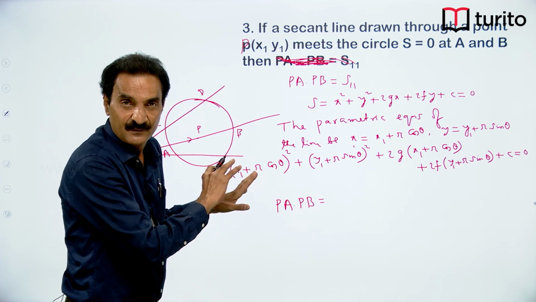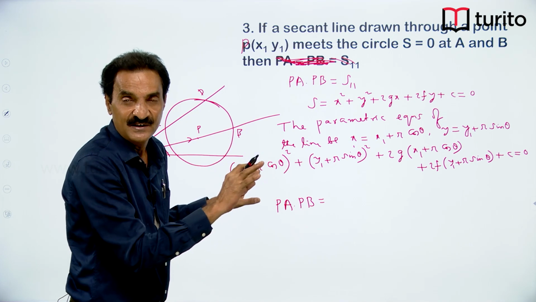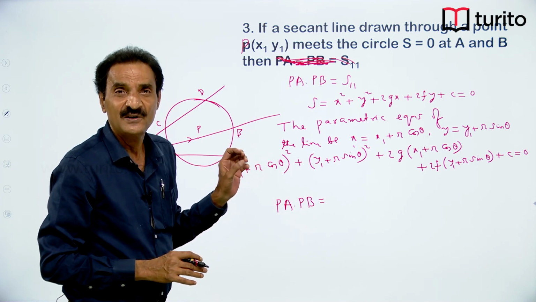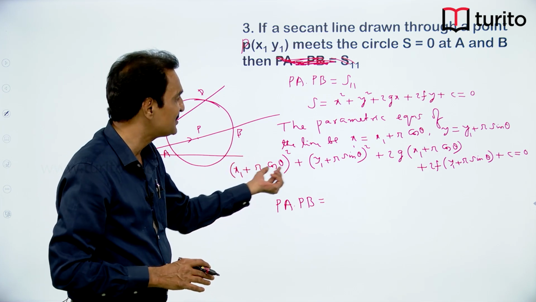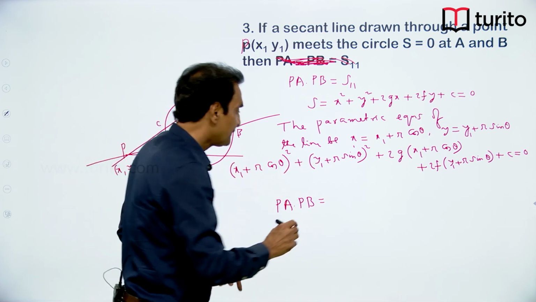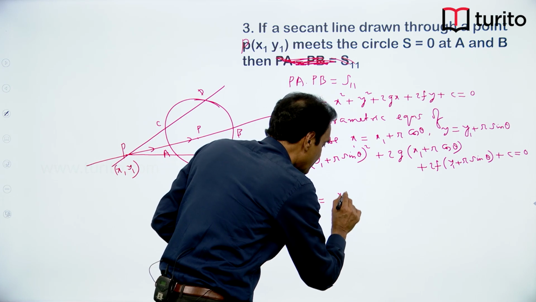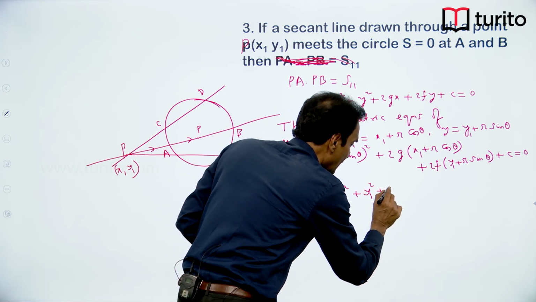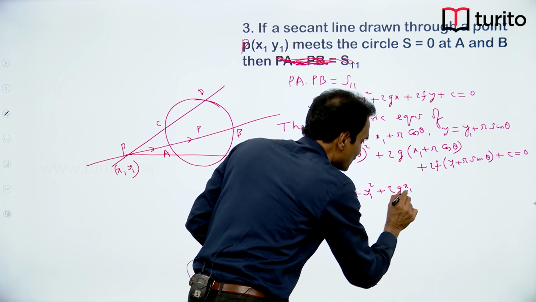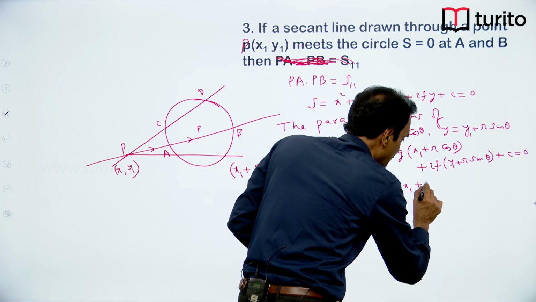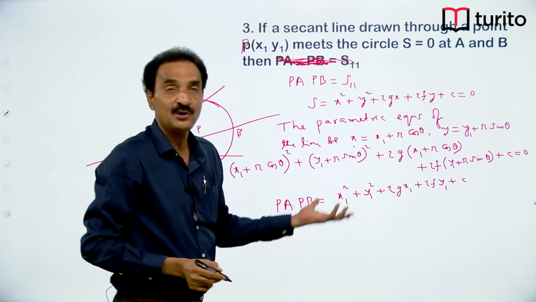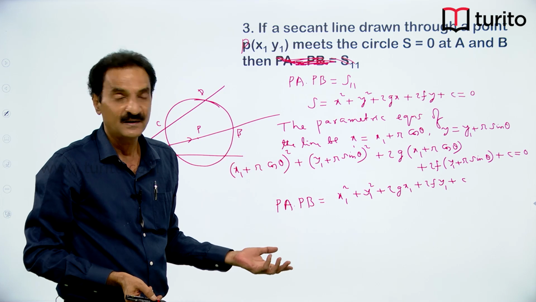You can tell without expanding, without simplifying the equation. If you want the term independent of r, just take r is equal to 0, then what will you get? x1 square plus y1 square plus 2gx1 plus 2fy1 plus c. Putting r is equal to 0, you will get the term independent of r.